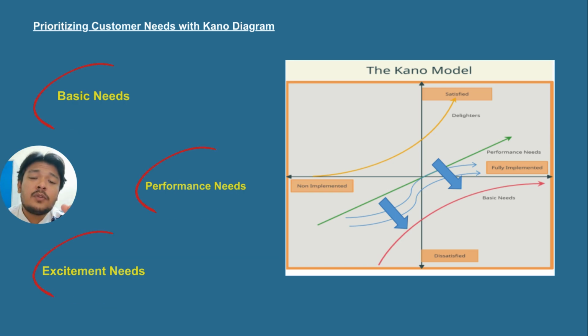In the context of software development, identifying basic need, performance need, and excitement need helps us to categorize features that truly matter to our customer. So we use the Kano diagram to focus on our customer needs and improve our customer satisfaction.